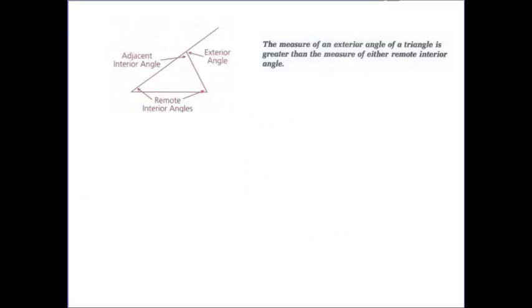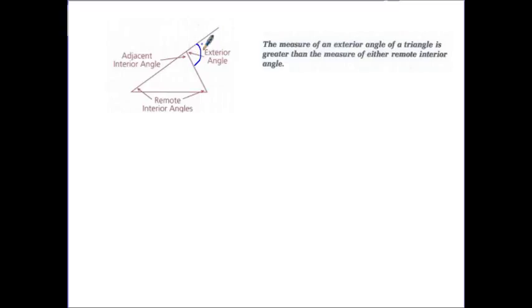So our first theorem. The measure of an exterior angle of a triangle is greater than the measure of either remote interior angles. Now, first and foremost, it's important to know what we're talking about here. So let's refer to this picture. Our exterior angle is located outside of our triangle.